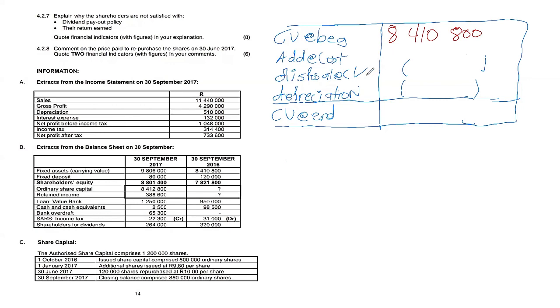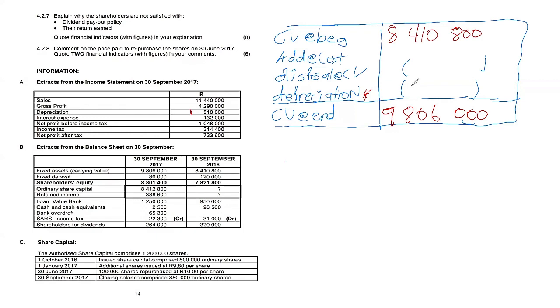However, in 2017, your carrying value at the end was 9,806,000. Right. So now our carrying value is 9,806,000. So followed by what? By depreciation. So again, our depreciation is given here on the income statement.